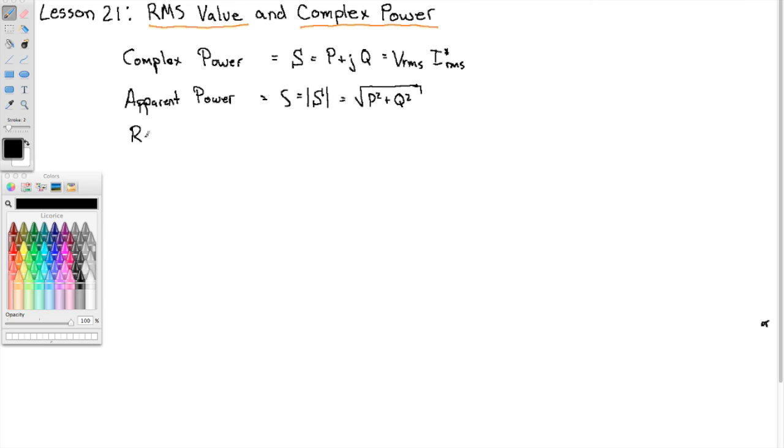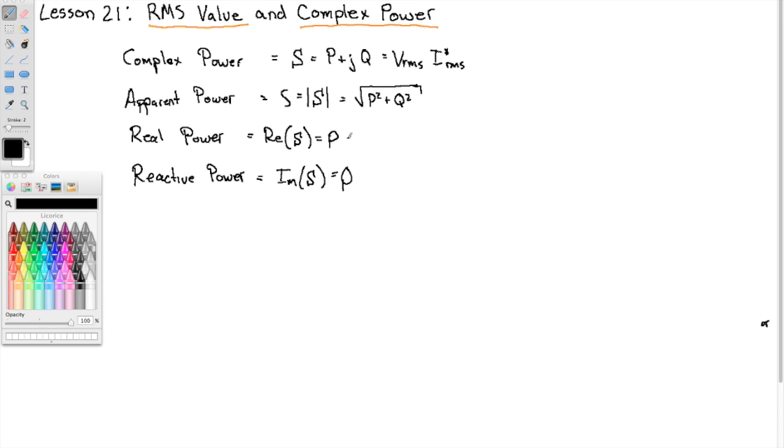And I guess I should define those. The real power is the real part of bold S. That's just what we're calling P. And the reactive power is the imaginary part of this bold S. That is what we're calling Q.